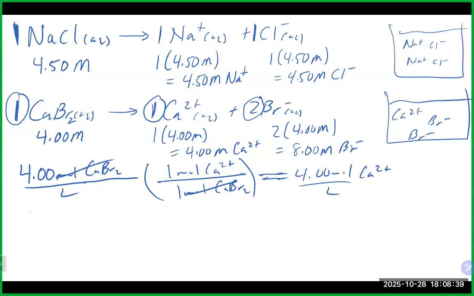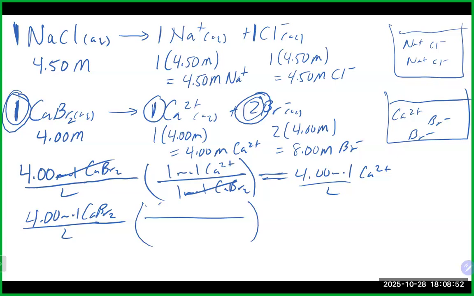If we did our 4 moles per liter of calcium bromide, it is a 1 mole to 2 mole relationship. So using that relationship, 2 moles of Br minus from every 1 mole of calcium bromide.